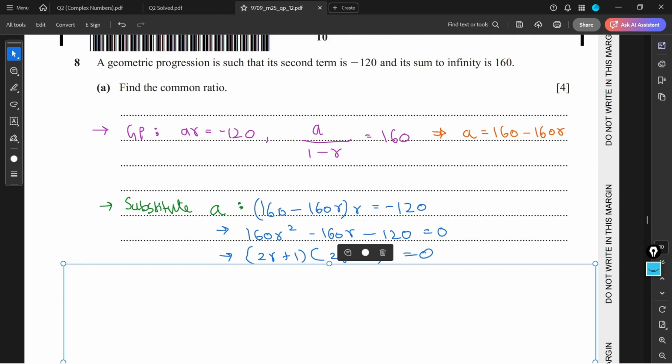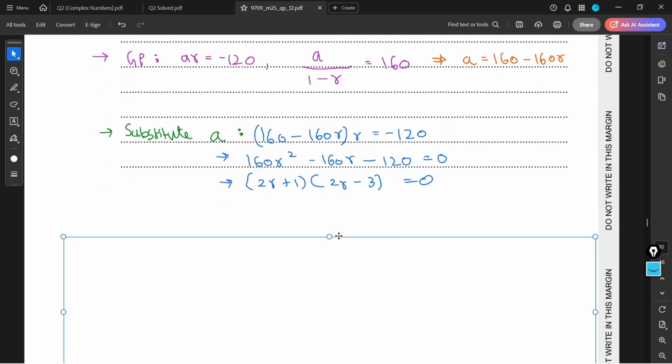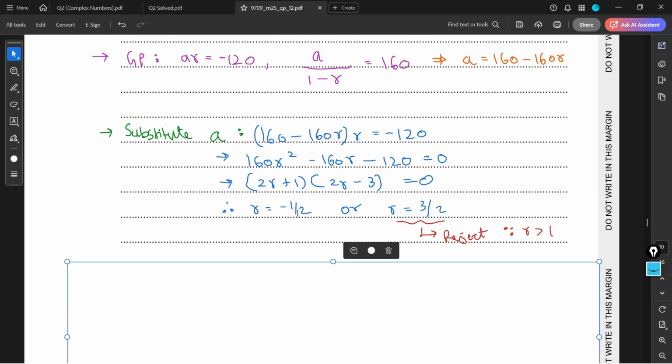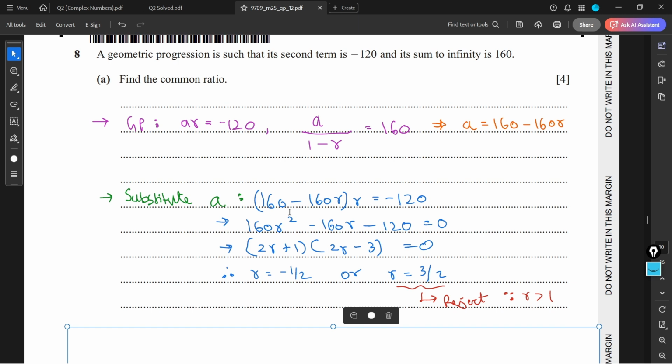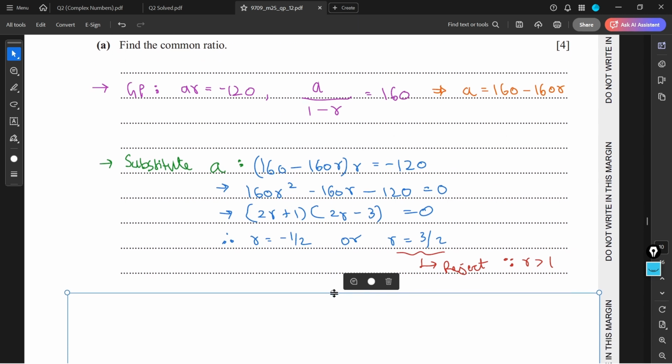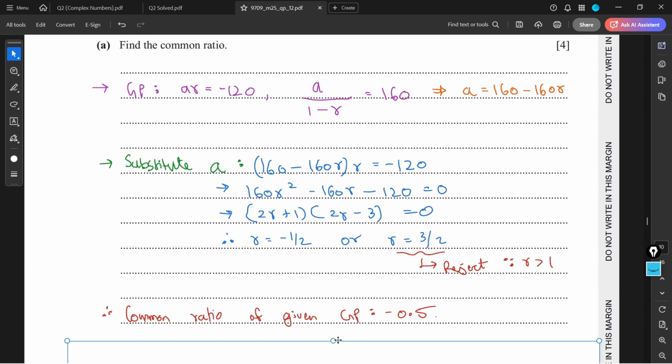In doing so, the values of r that I get are minus half and 3 by 2. Clearly 3 by 2 is 1.5, and because 1.5 is greater than 1, we are going to reject this value of r. But by solving this quadratic, we also got r is minus 1 by 2. So the common ratio for this geometric progression will be negative 0.5. That will be the final answer for this particular part.